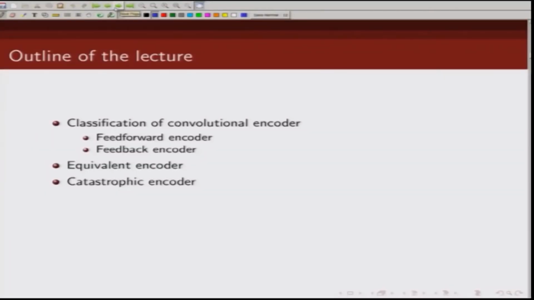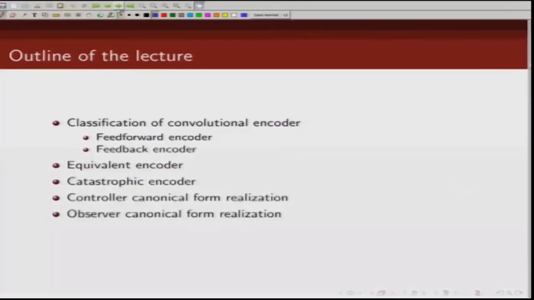Then we are going to talk about a class of encoder where, if the input bits are of very high weight, we can still get an output code word of very low weight, and these kinds of encoders are known as catastrophic encoders. And finally, we are going to talk about two different types of realization of convolutional codes using shift registers.